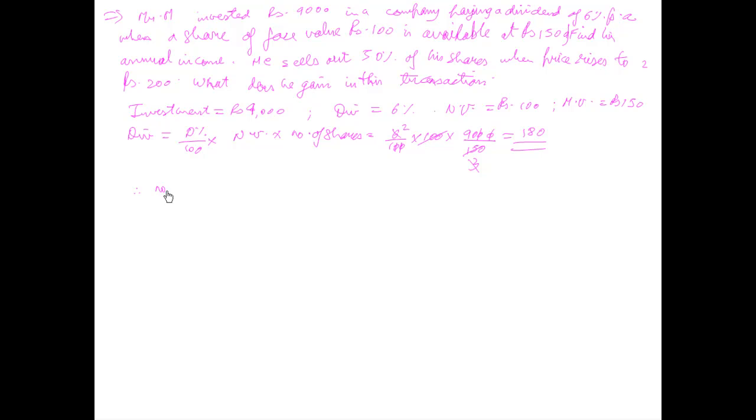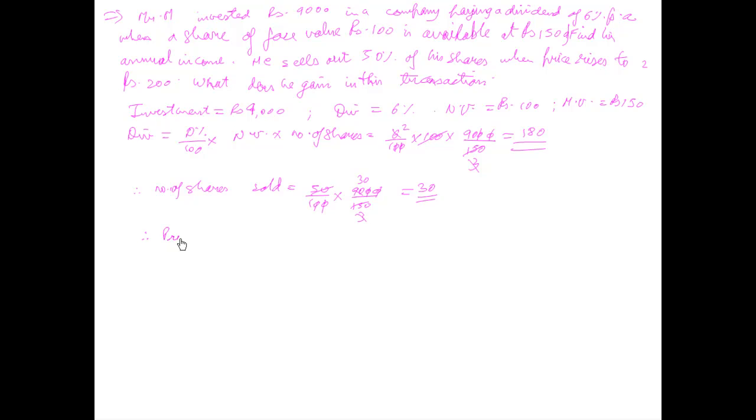Then he sells out 50% of his shares. That means number of shares sold is 50% of the number of shares he has, which is 9,000 upon 150. He's got 60 shares, out of which he sells 30 shares. He sells 30 shares at rupees 200 when he bought at rupees 150.